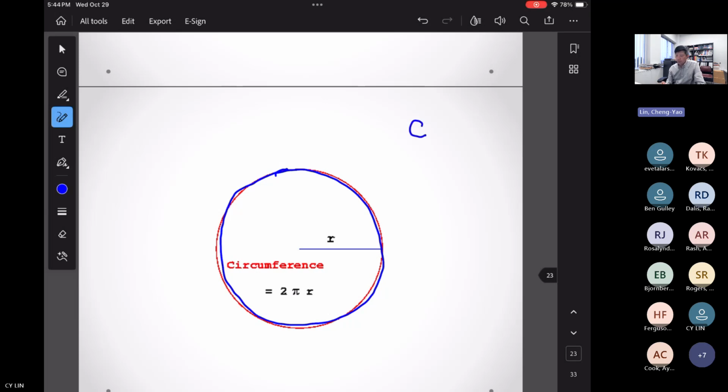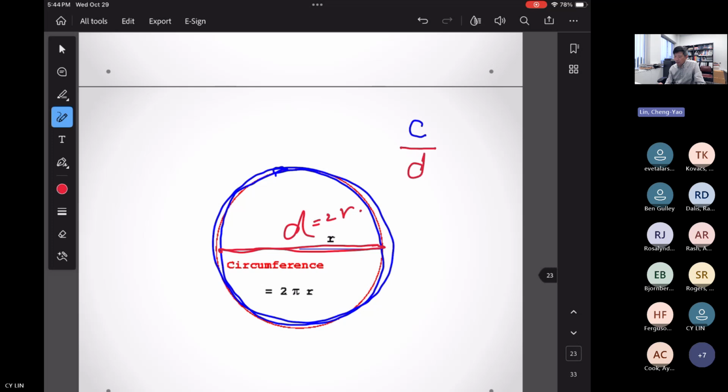And then you measure the circumference, and you measure the diameter, all right? So if you take the circumference and divide it by the diameter, for any circle, you will approximately get 3.14.